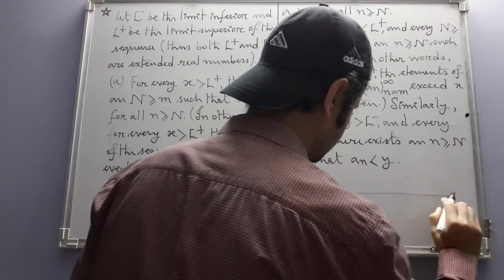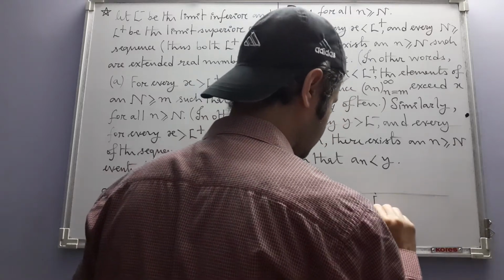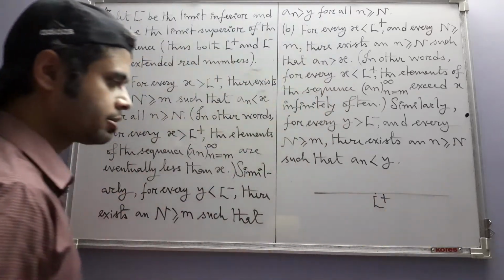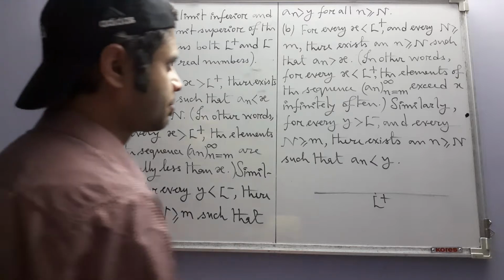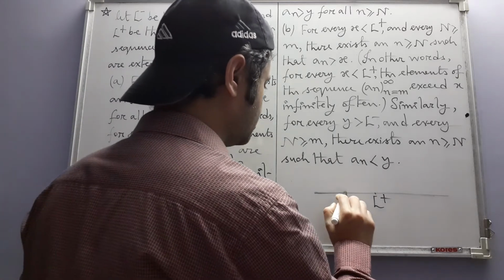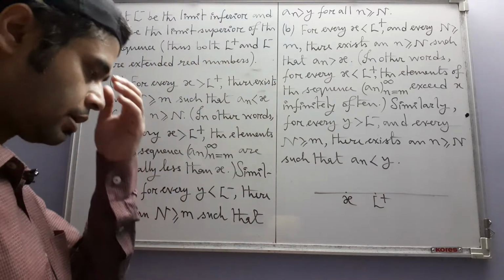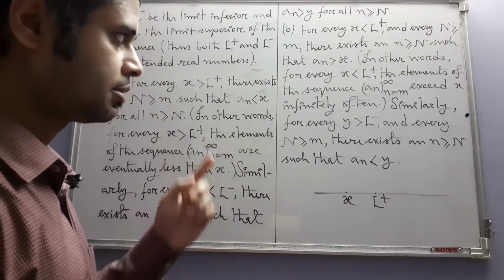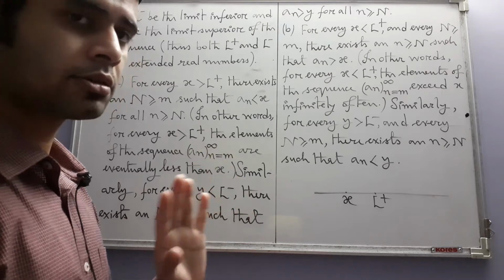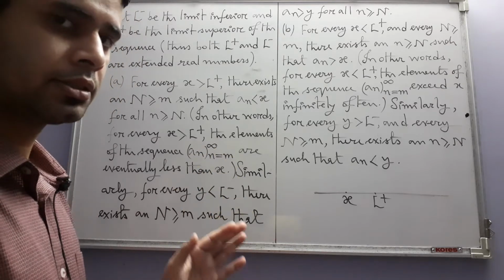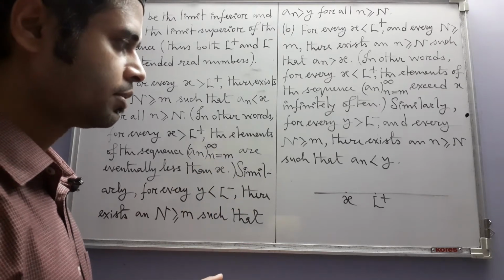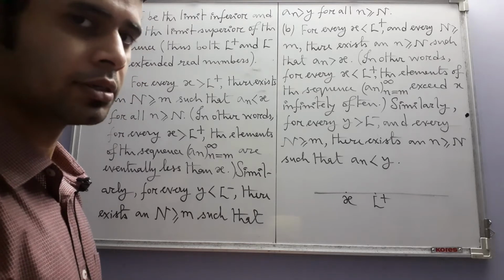So this is our real line and we have L plus here somewhere. And now our chosen extended real number x, keep in mind that x is not necessarily a real number, x is an extended real number. X may very well be minus infinity also.